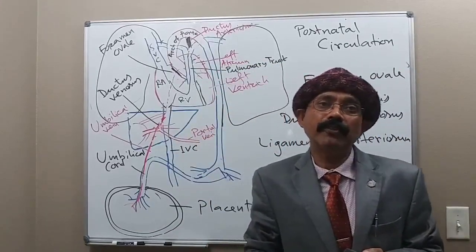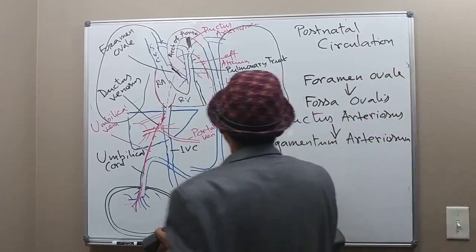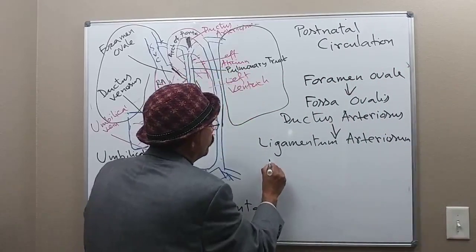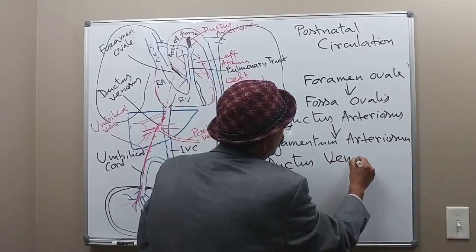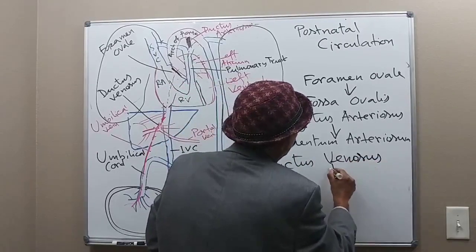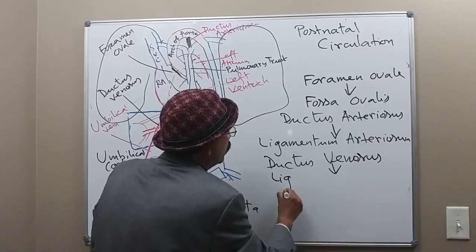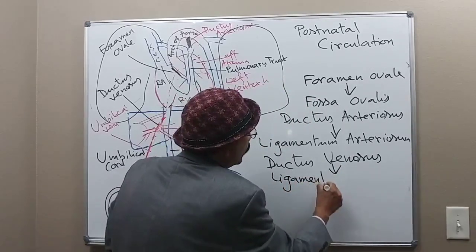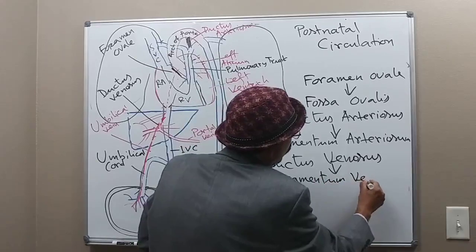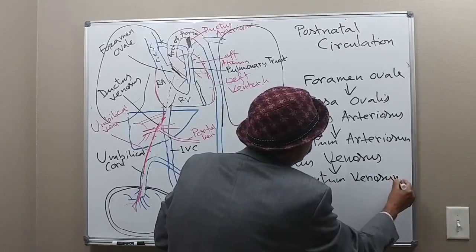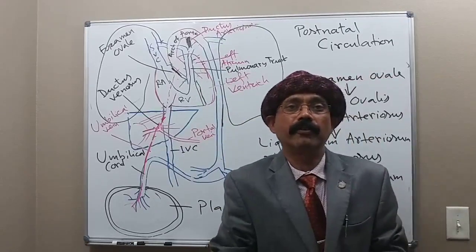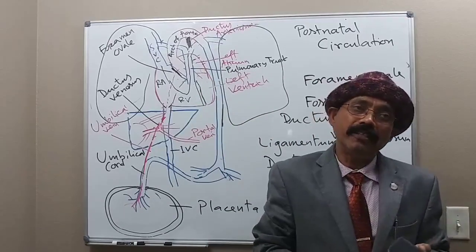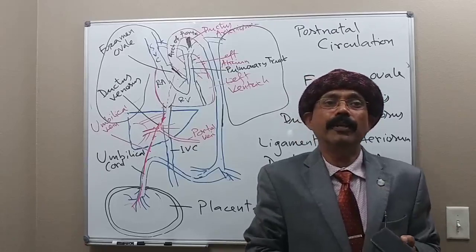The ductus venosus will become the ligamentum venosum. Okay. So the foramen ovale and ductus arteriosus close, eliminating fetal right to left shunts.